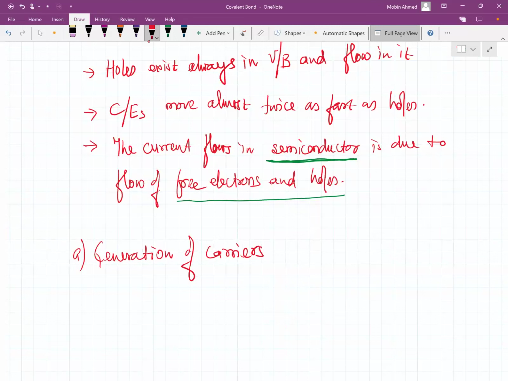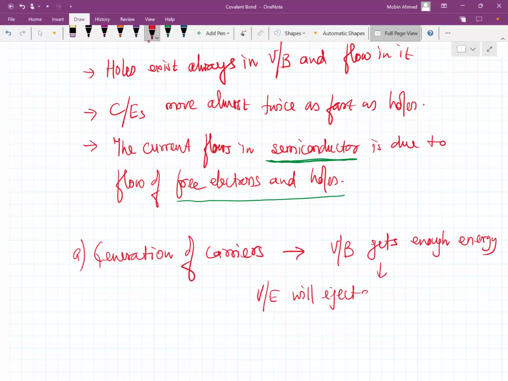So this will generate if the valence band gets enough energy. In this case, valence electrons will eject and move to the conduction band.